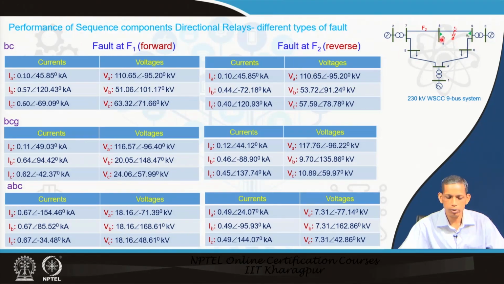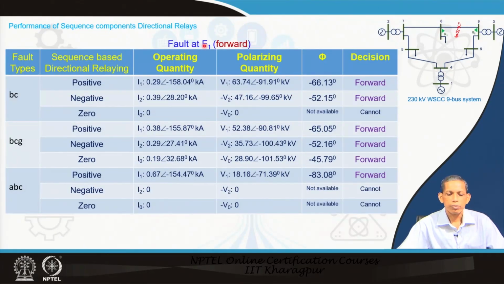Now, for forward fault F1, the first case for relay R1, BC, BCG: for the positive sequence directional element, I1 computed, V1 computed, angle phi 1 is minus 66.13. So, this identifies as forward, which is true.